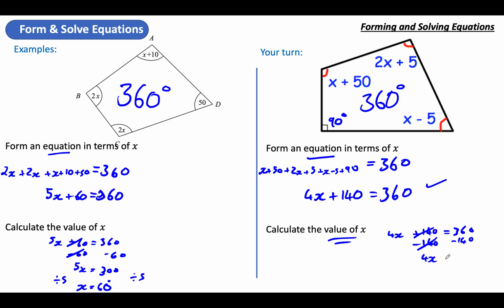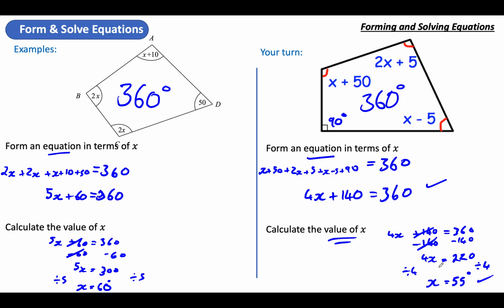So 4x equals 220. And then we don't want 4x's, we only want one of them, so split it into 4. Divide by that number touching the letter. And the answer is 55 degrees. Okay, nice big tick.